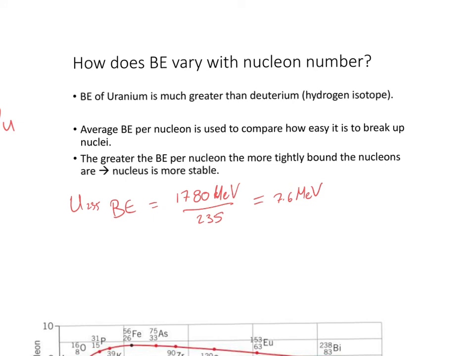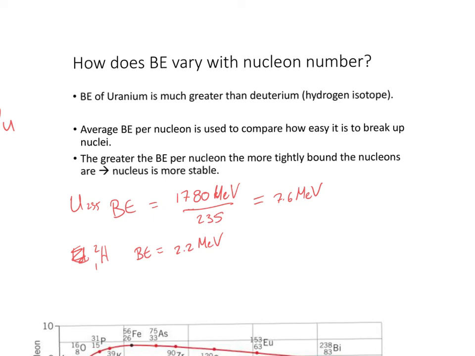Now, if I look at, for example, deuterium, the binding energy of deuterium is 2.2 mega electron volts, as expected, because obviously it only has a proton and a neutron, whereas uranium has 235 protons and neutrons.